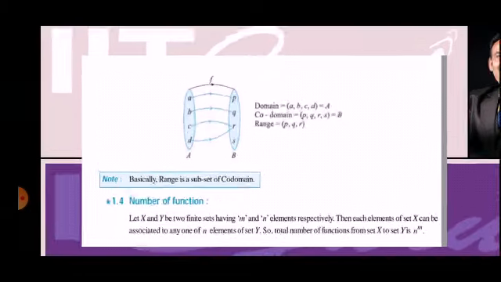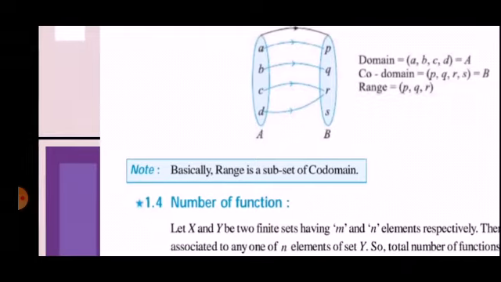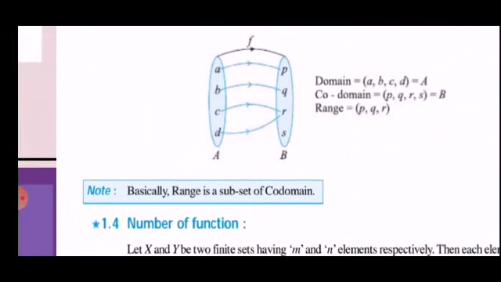Here, consider a set A and a set B. Set A consists of the elements a, b, c, d, and set B consists of the elements p, q, r, s, and let f be the function.